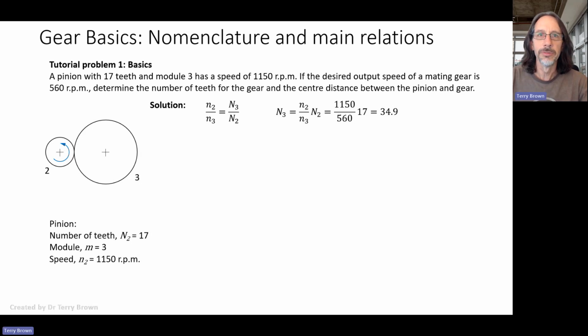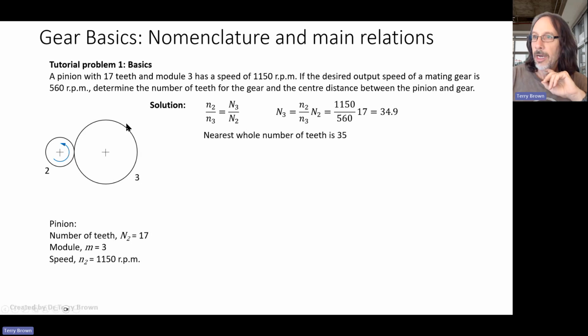Which one do you choose? You probably want to go smaller if you can, because it should be cheaper. But you would want to check whether your output speed is within the allowable tolerance or variation that might be specified in the design specifications.